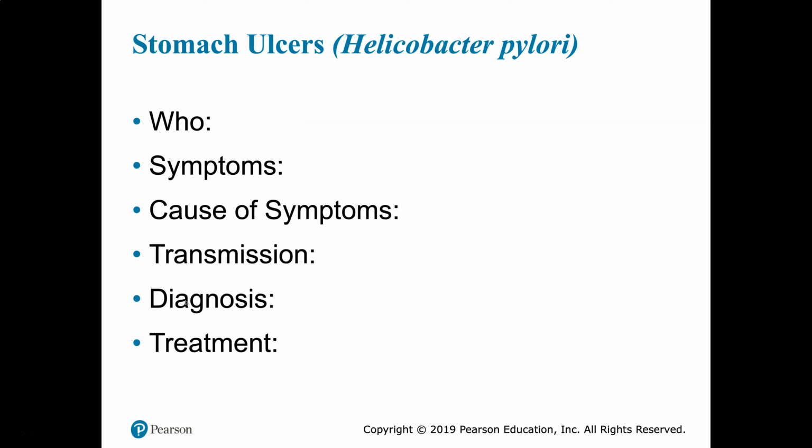Let's continue moving down to stomach ulcers, which are caused by Helicobacter pylori. Okay, Helicobacter pylori. This bacteria is pretty incredible because most bacteria can't survive our GI tract in terms of our stomach.